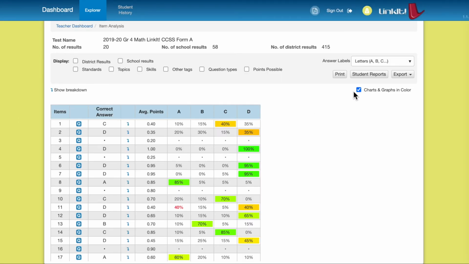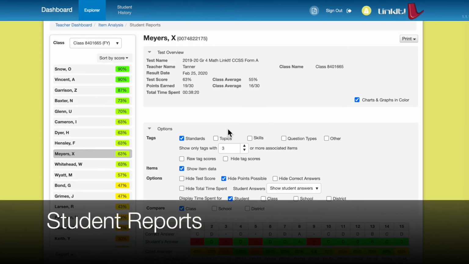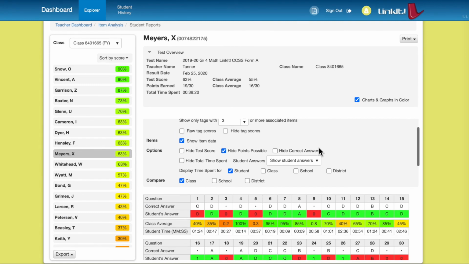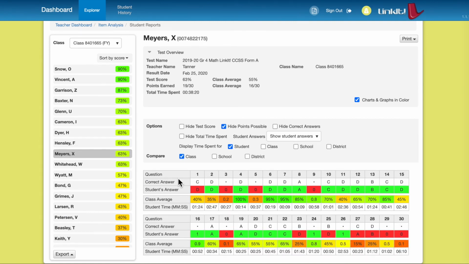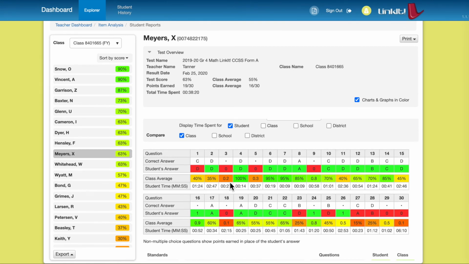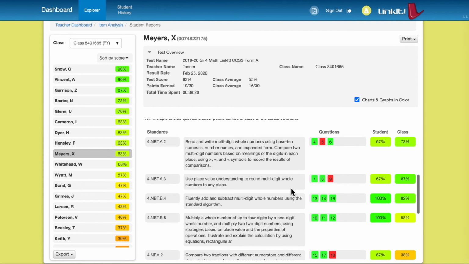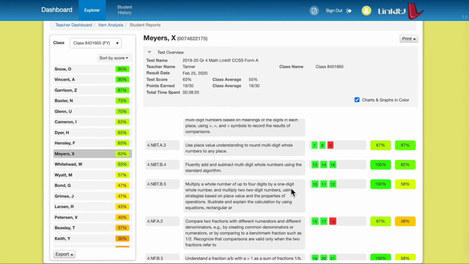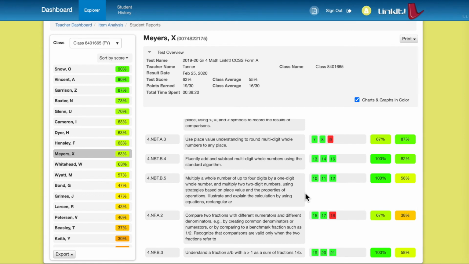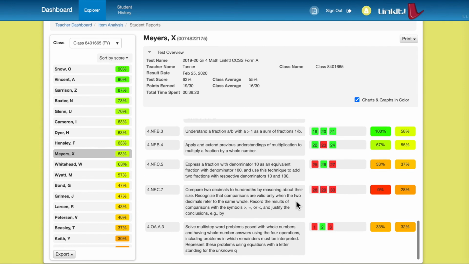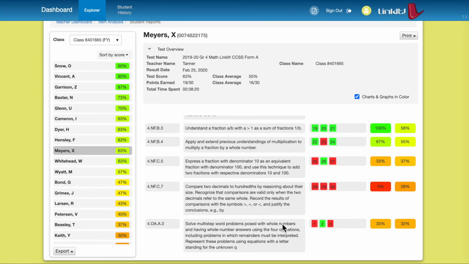And finally, let's go to student reports. In student reports, I can see the results of each individual child. Here, I've tagged their results by standard, but you can see the correct answer, the student's answer, the class average, the amount of time the student took on the question, and then because I've tagged the questions with standards, you can see what areas that the student has scored well on and perhaps ready for enrichment or questions of higher rigor, and areas that still need development, either because they haven't been taught or because the student has an understanding gap.